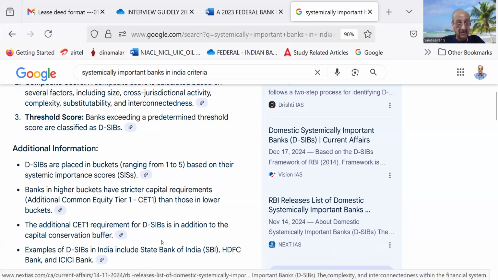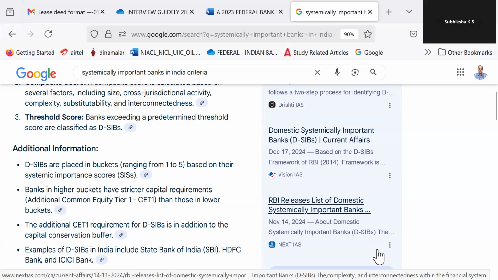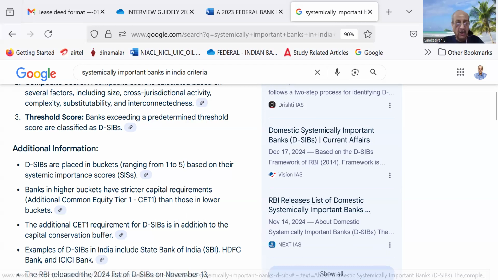Read properly. Please read again. Banks in higher buckets have stricter capital requirements, additional common equity tier 1 (CET1), than those in lower buckets. How did you read this?